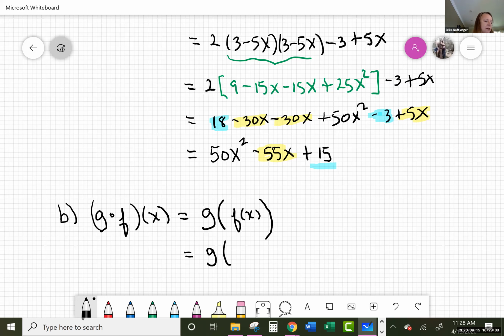So if we went back and looked at our equation of f of x, we saw that that was, where'd it go? There it is, 2x squared minus x.